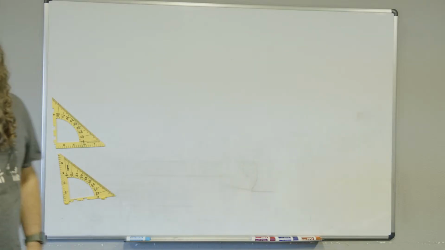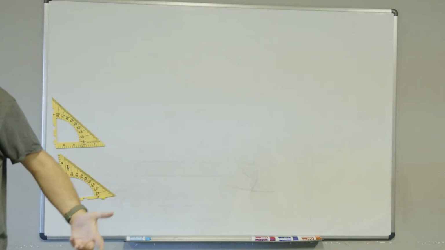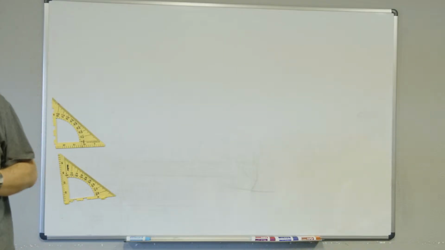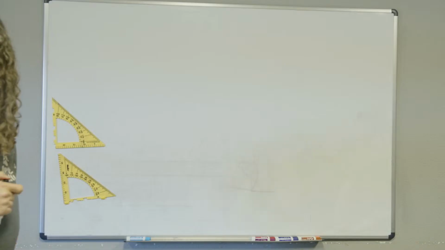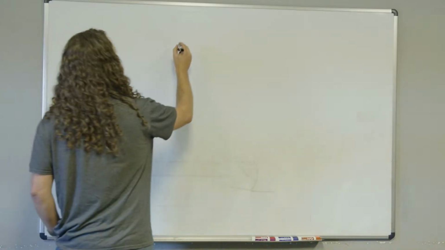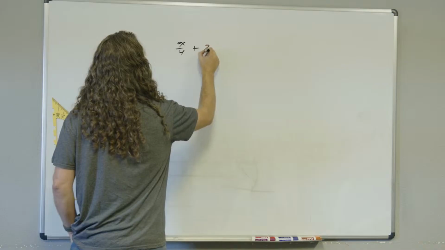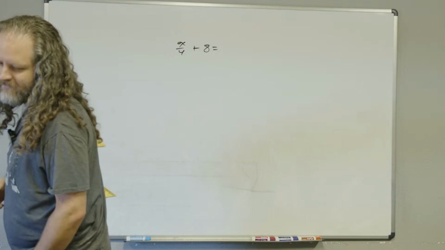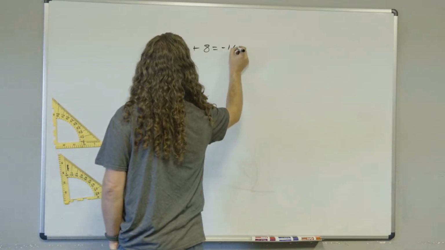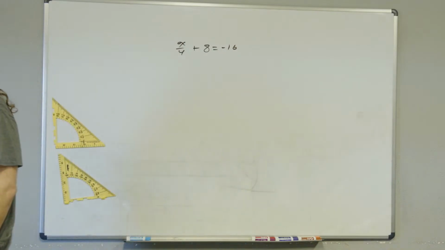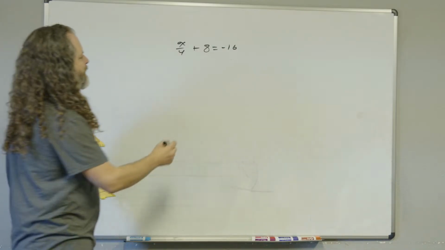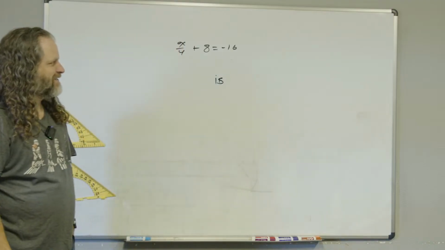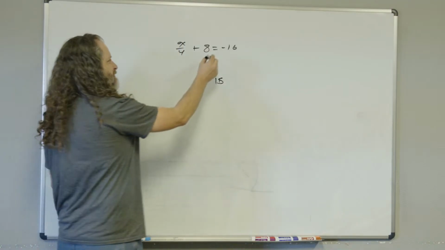What other questions do we have on this lesson? Number 6. Yeah, sure. Write a verbal sentence to represent each equation. X over 4 plus 8 equals -16. All right. How about we start with is? All right, that's going to jump from here over there.